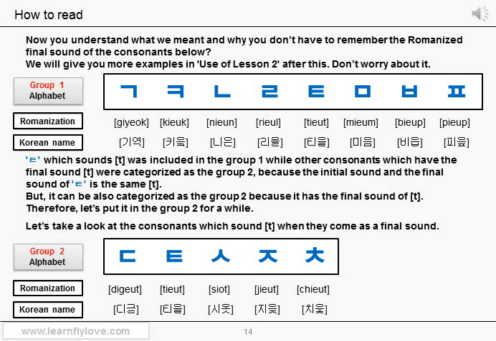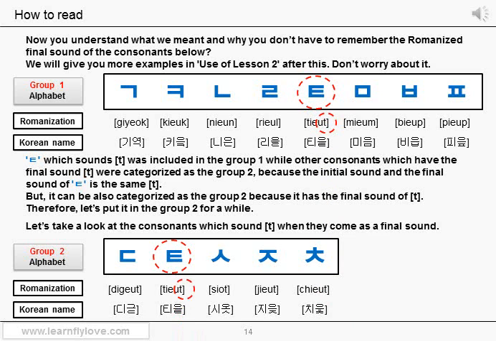We'll give you more examples in the next lesson after this. Don't worry about it. Okay, let's take a look at the consonants in group 1 and group 2 again. Can you recognize something has changed? We added 티읕, which sounds T, like T in English, to group 2 because it also has T as the final sound.